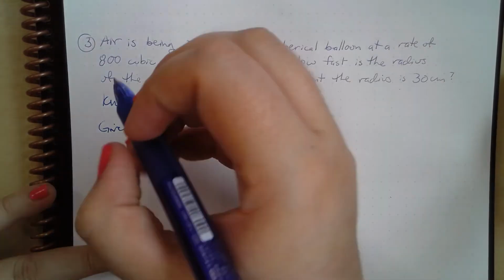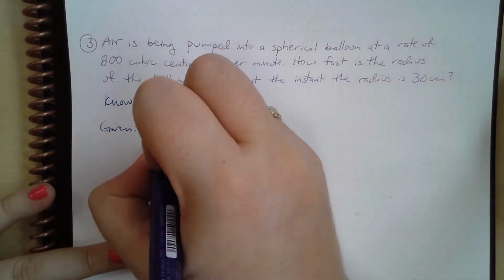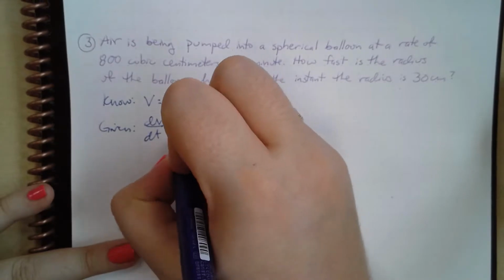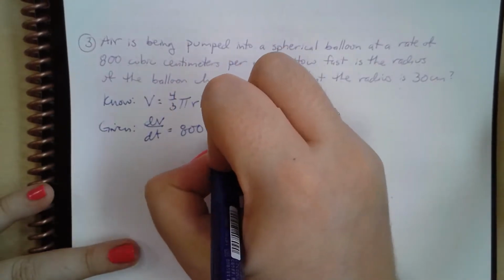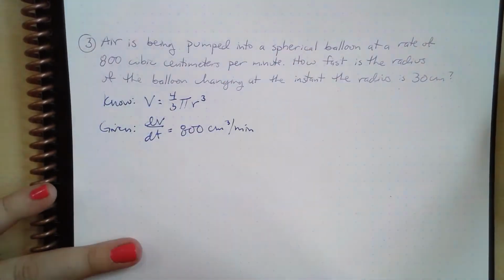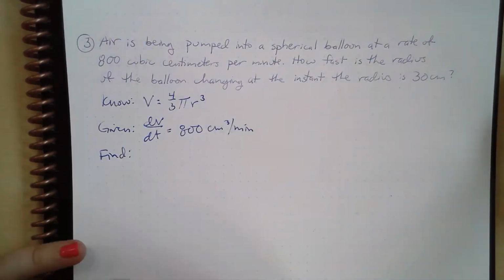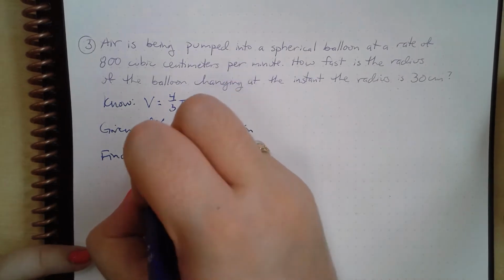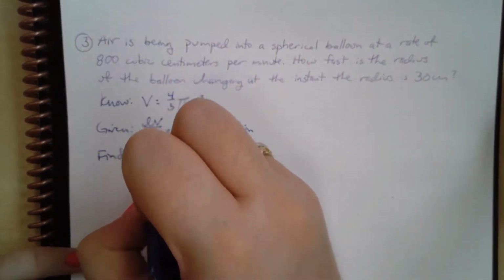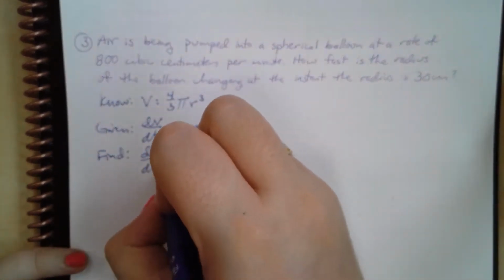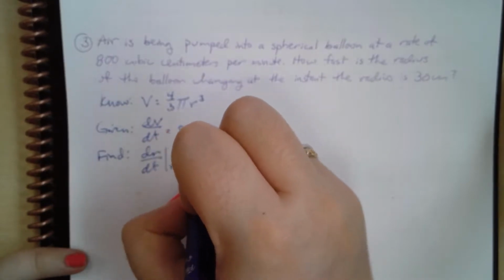So the change of the volume with respect to time is equal to 800 centimeters cubed per minute. And we want to find the radius. How fast is the radius changing? So we want to find dr over dt when r is equal to 30 centimeters.